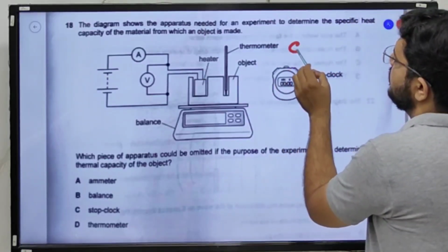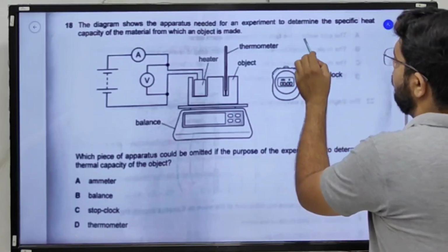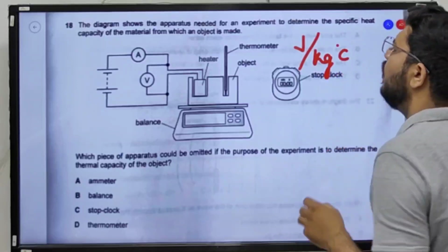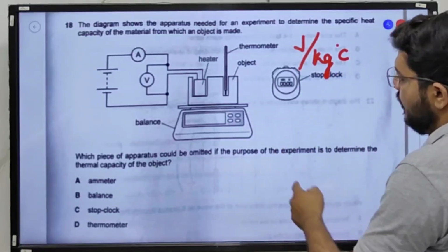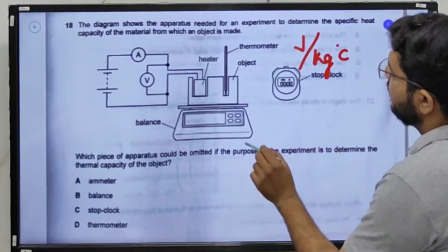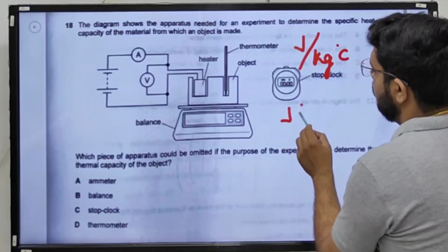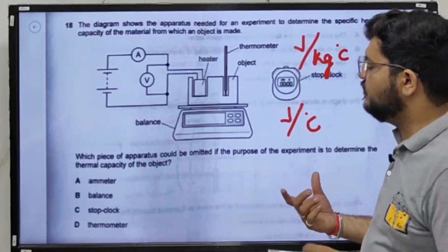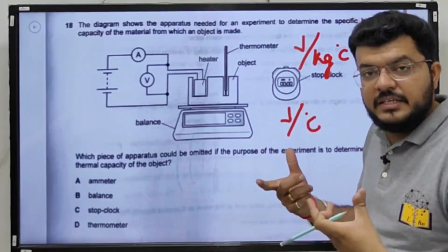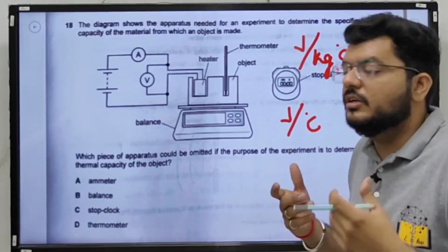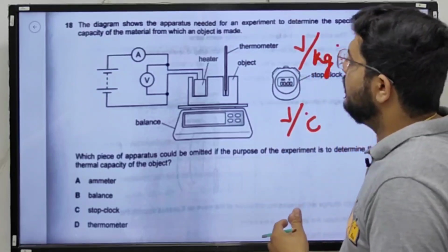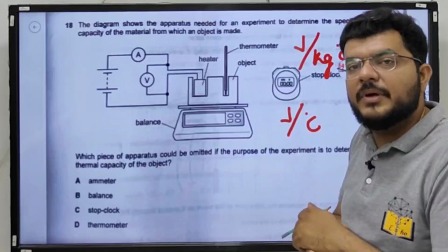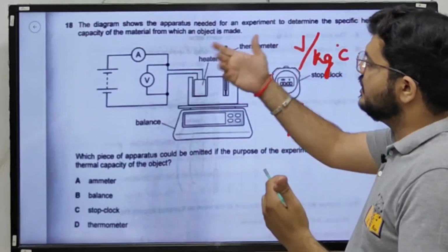Specific heat capacity has a unit of joule per kilogram per degree Celsius or Kelvin, right? But the thermal capacity has a unit of joule per degree Celsius, right? So what happens is, for example, 1 kilogram of ice or 1 kilogram of water will have a specific heat capacity, okay, per kilogram. If I find out the heat capacity per kilogram, that is specific heat capacity.